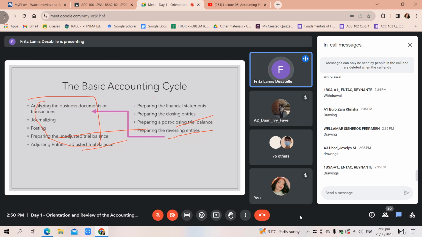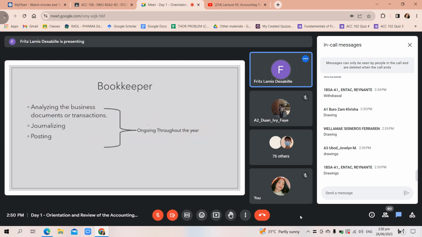Recording and summarizing. So who does it? The ones who do analysis, journalizing, and posting are called bookkeepers. Not necessarily a bookkeeper, CPA, or a graduate of accounting.